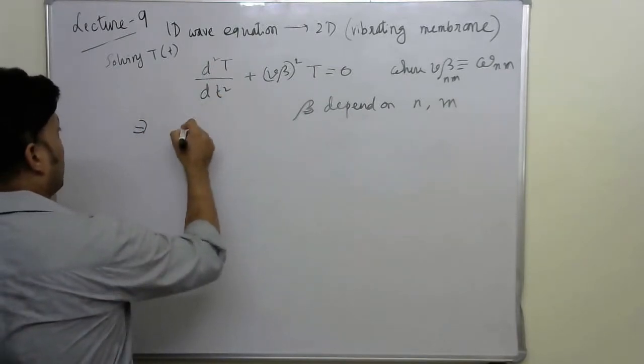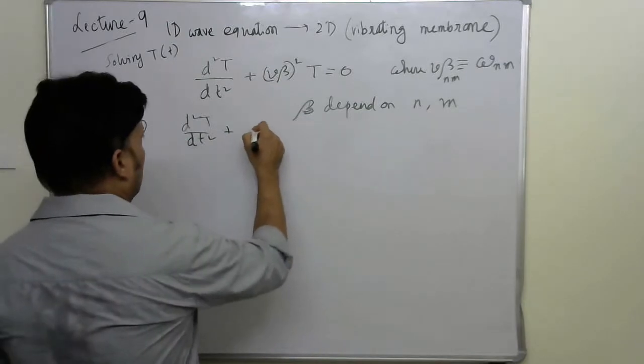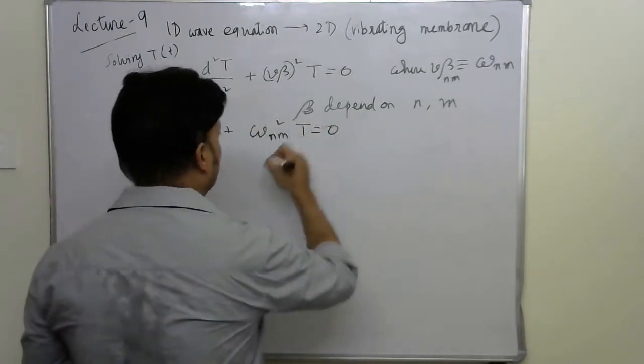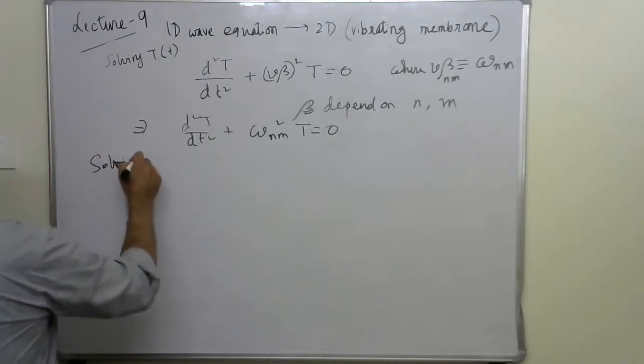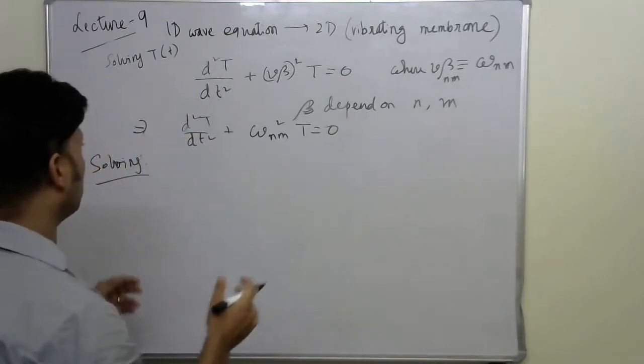Therefore, the above equation can be rewritten as d squared T by dt squared plus omega nm whole square T is equal to 0. If we solve that, because there are no boundary conditions, we can directly get the general solution.